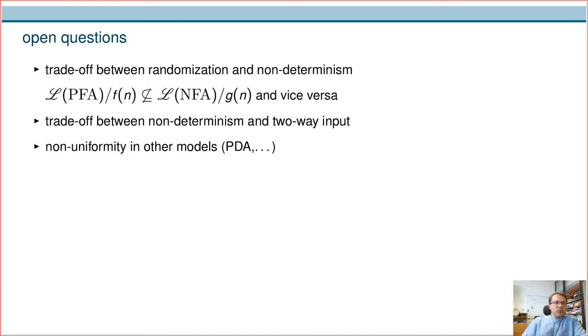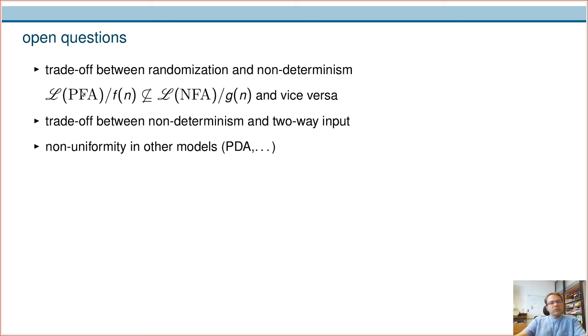And of course we can try to make a more fine-grained analysis, like how much advice is used by non-determinism to be as good as randomization and vice versa.